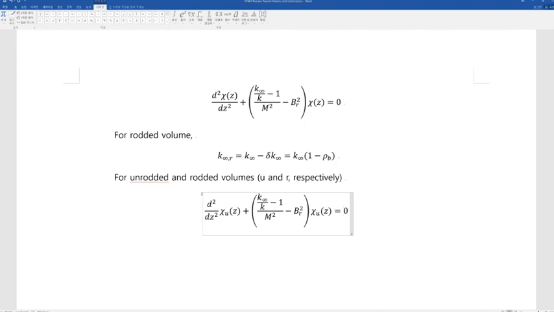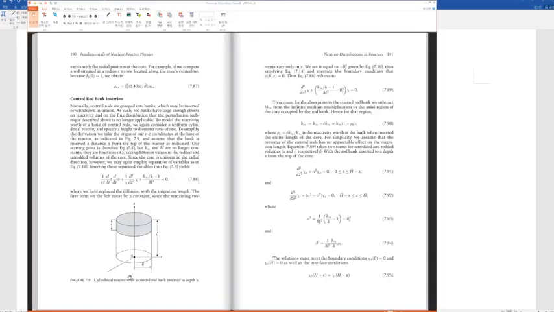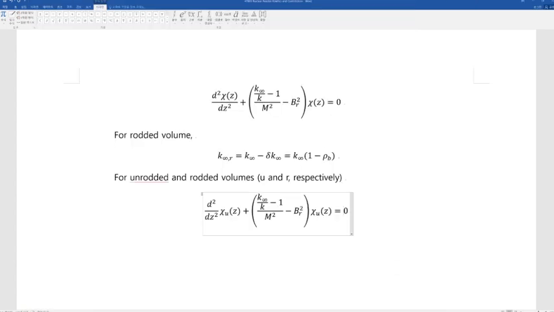First, for the unloaded volume in our textbook, for this unshaded volume, the volume that is not affected by this control rod bank, we are going to simply replace this part with alpha squared.